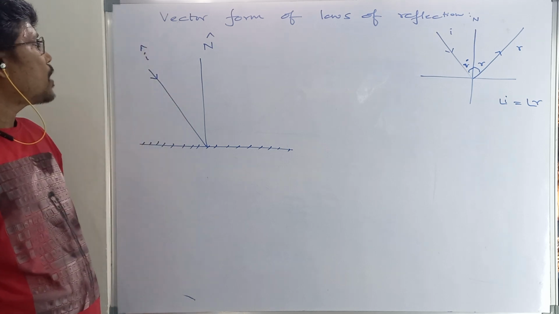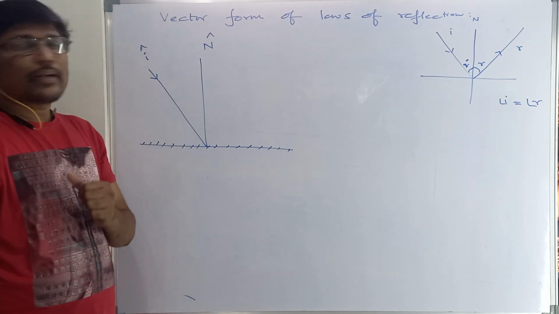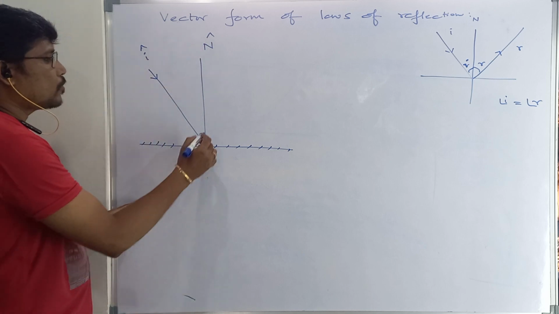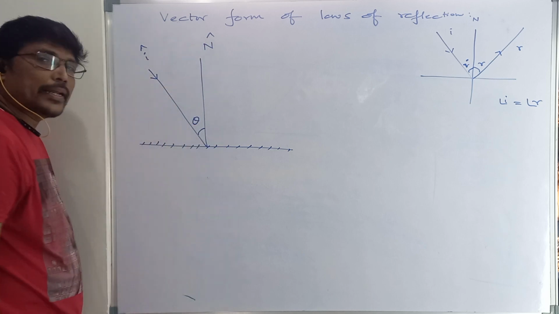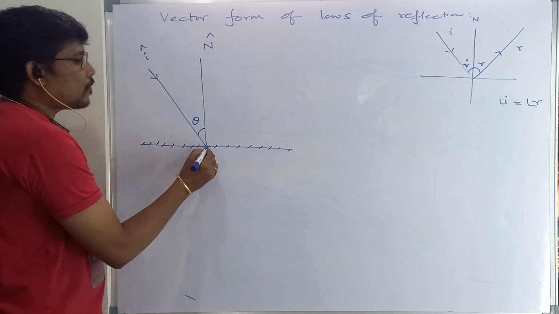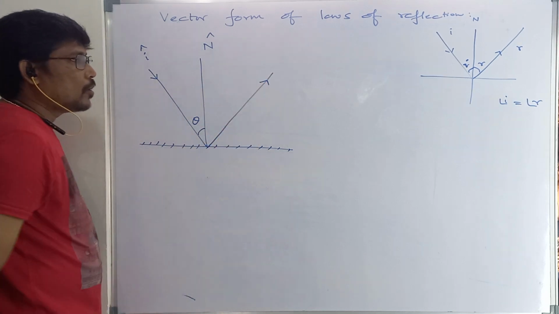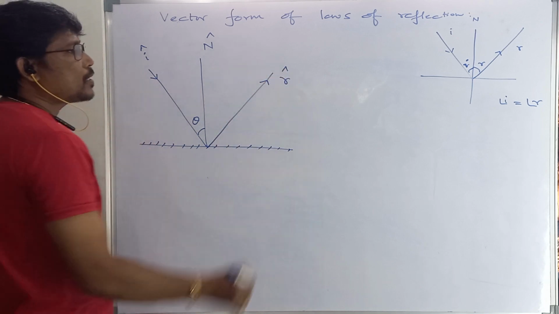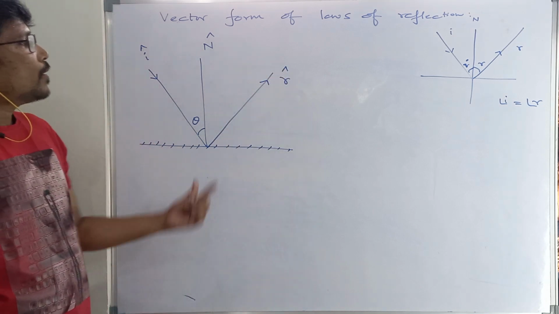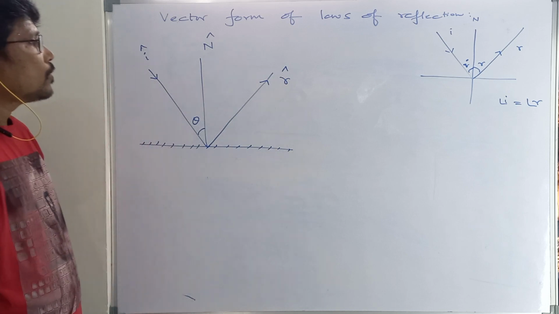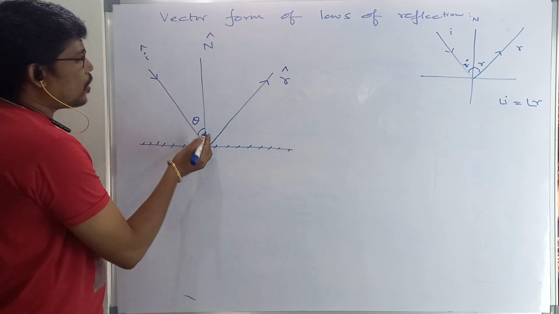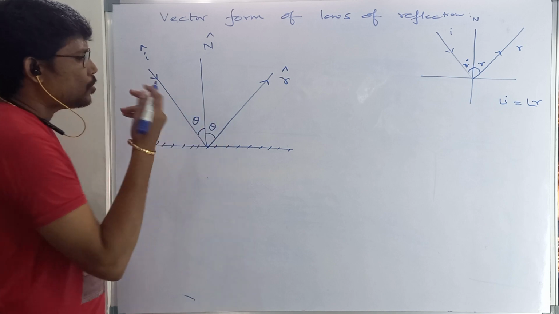So this I cap is the incident light vector, and N cap is the normal vector, and of course this angle you can consider as the incident angle, and it would be reflected back. R cap is the unit vector for this reflected ray, as you know. And of course, the angle of incidence is equal to the angle of reflection, you know very well.